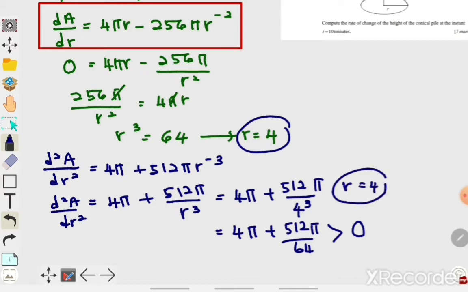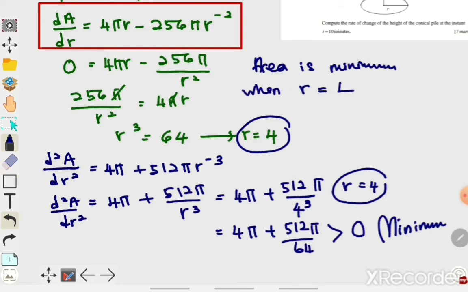When the second derivative is greater than 0, this is a minimum problem. So what we can say is that the area is minimum when r equals 4.